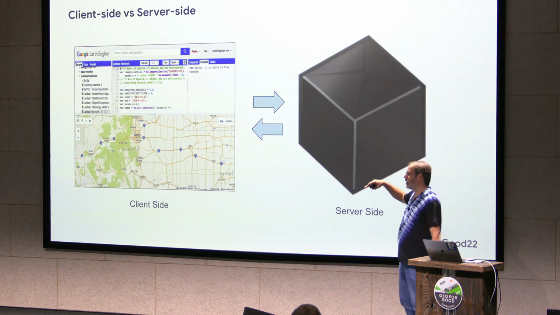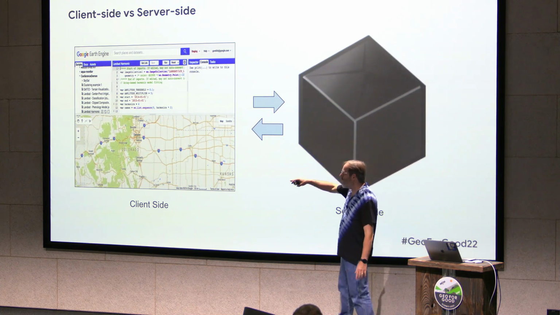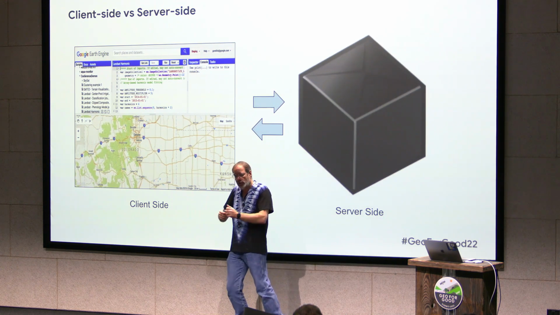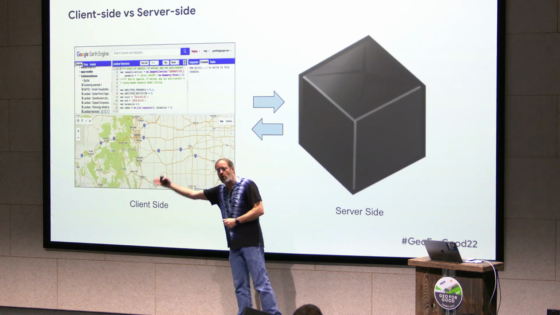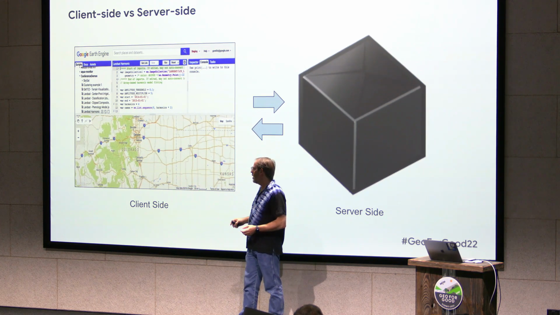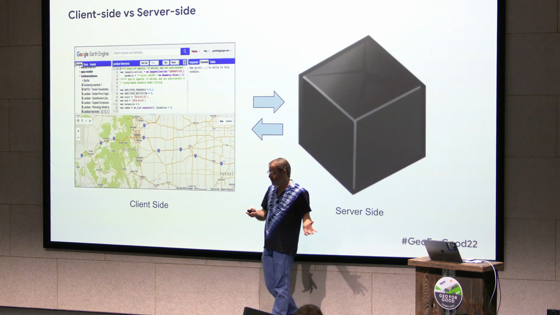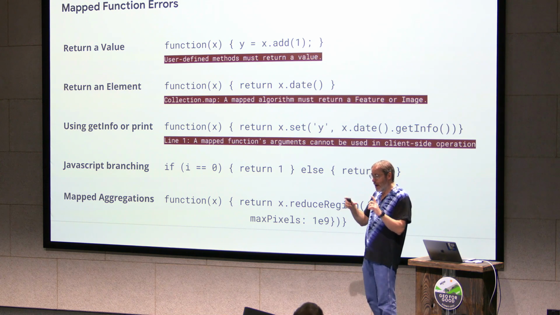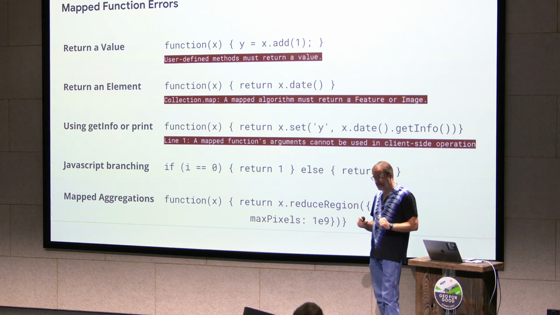There's a lot of stuff that is a dichotomy of client-side and server-side. If you don't understand that you run stuff in your browser and generate a description, and the description goes off to the server, and the server then runs stuff, it's very easy to make mistakes. Working with mapped functions is one of those places.